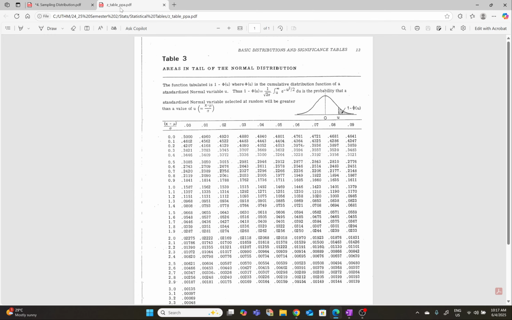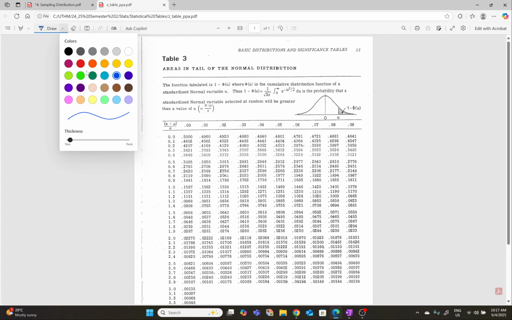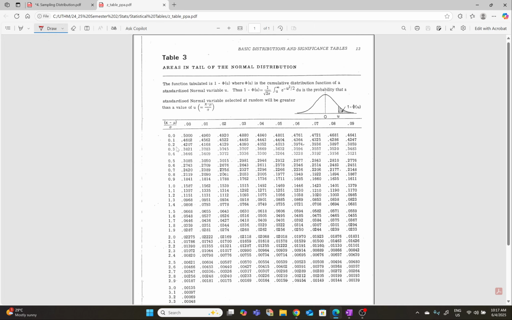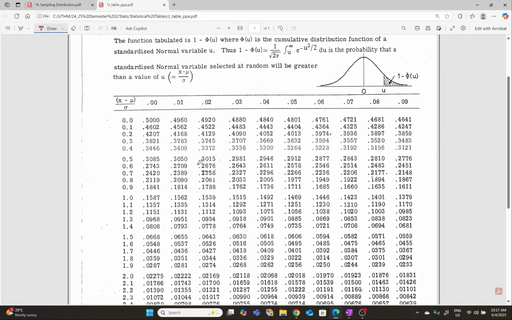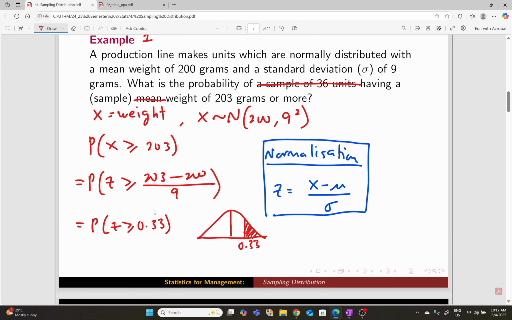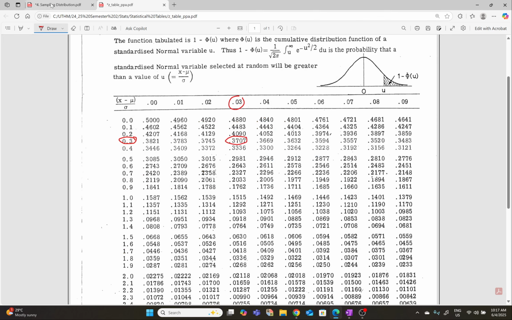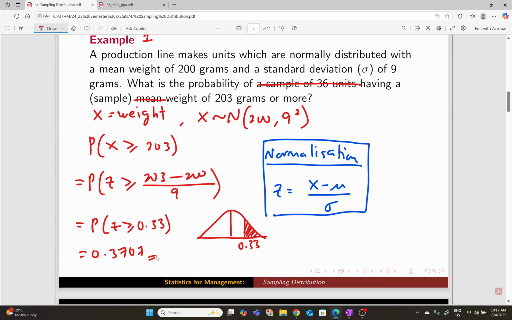So 0.33, 0.3 here, the answer is 0.3707. This is the answer.